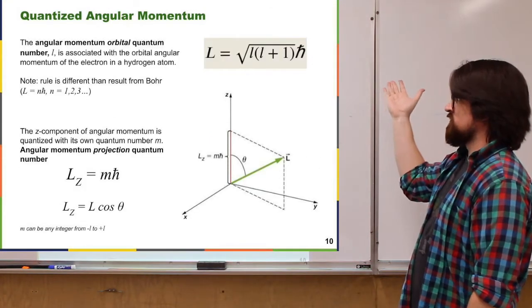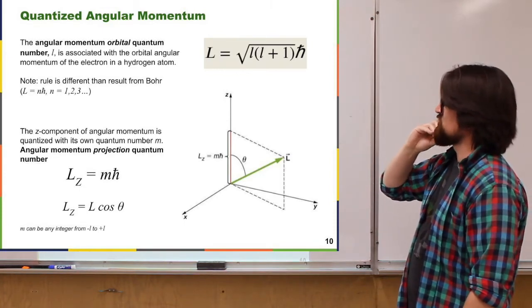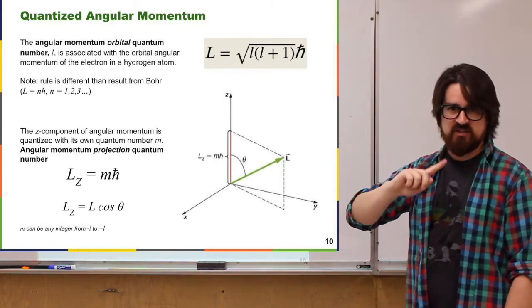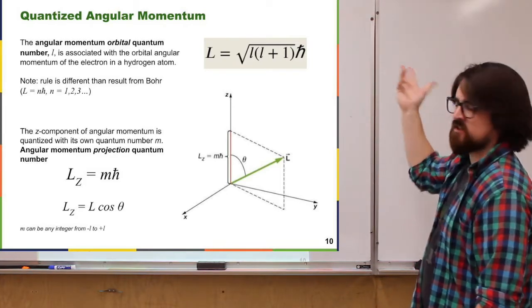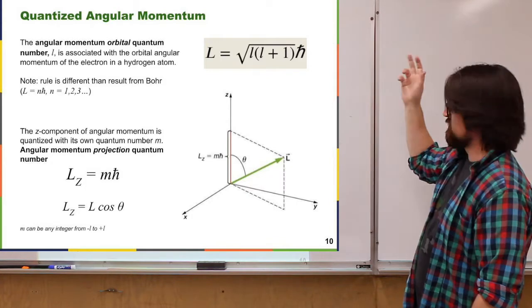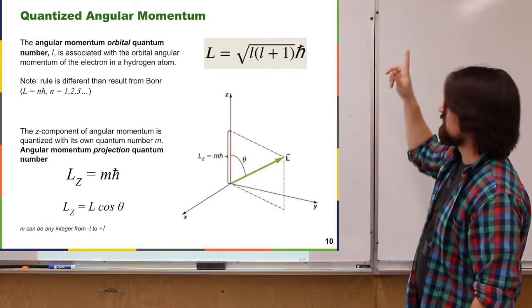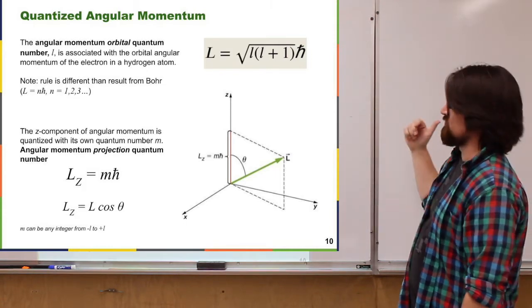And here you go. The angular momentum orbital quantum number, L, is actually associated with the angular momentum of the electron orbiting around the proton. The magnitude of that electron's angular momentum, its orbital angular momentum, has to do with the index L. So the square root of L plus 1 times L, multiplied by h bar, Planck's constant over 2 pi.